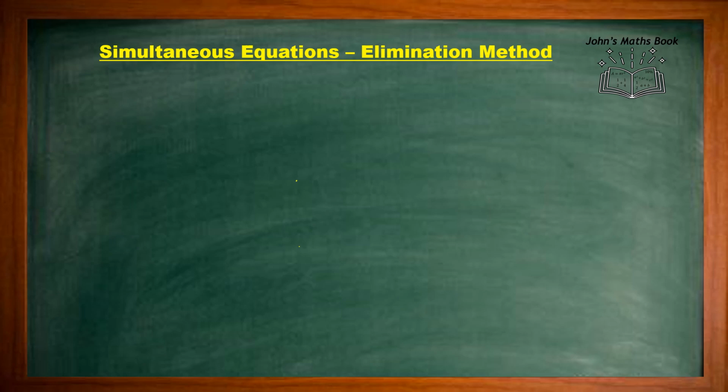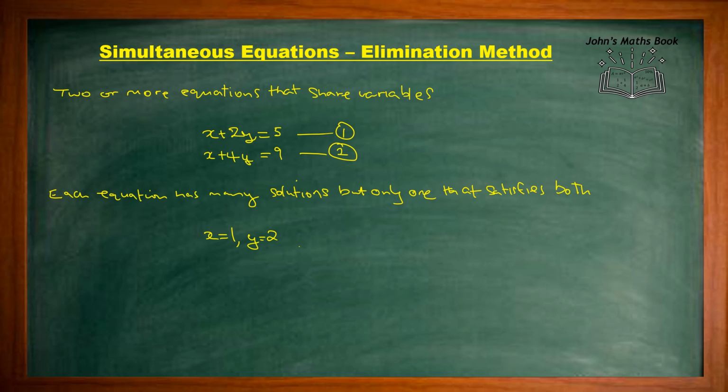In this video, we're going to be looking at simultaneous equations solved using the elimination method. So what is a simultaneous equation? Let's start with that. It's two or more equations that share the same variables.